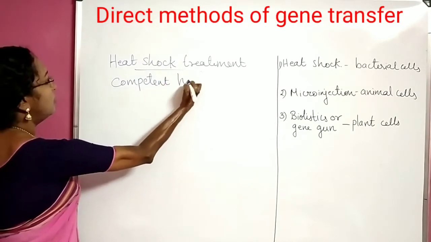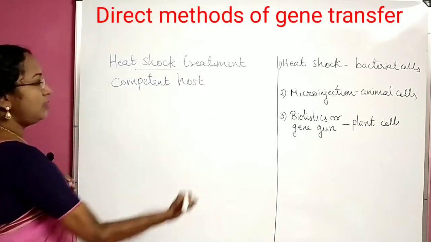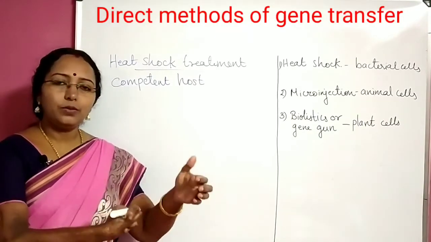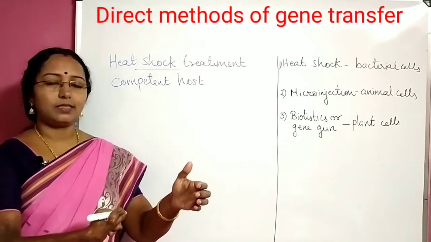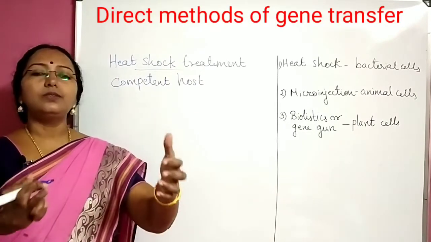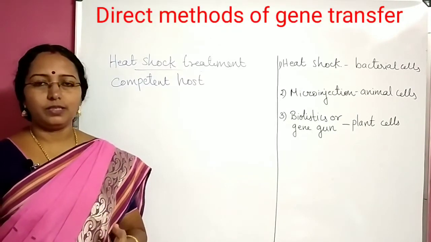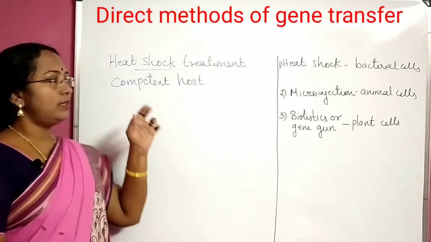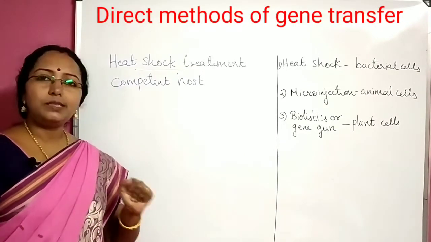The bacterial cell is our host, and the foreign gene that we are going to introduce is the guest. So first we have to make the host competent enough to receive the foreign gene. It should be ready to receive the foreign gene. That is the meaning of the words competent host.